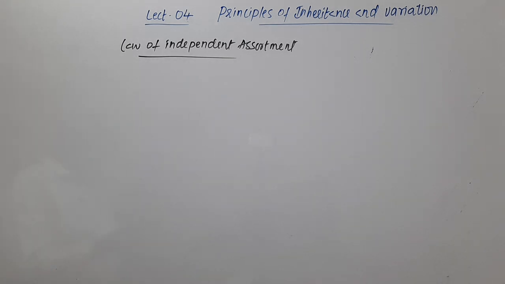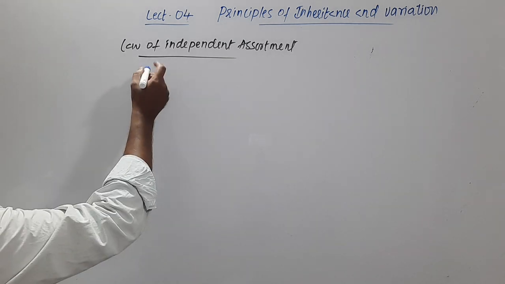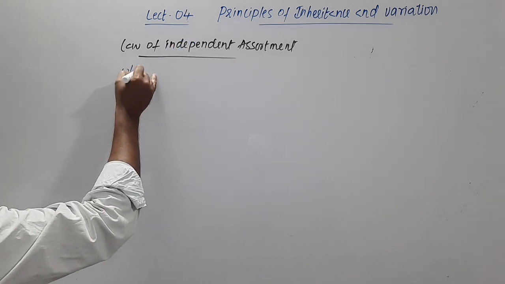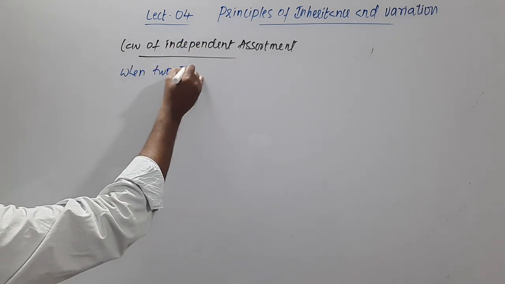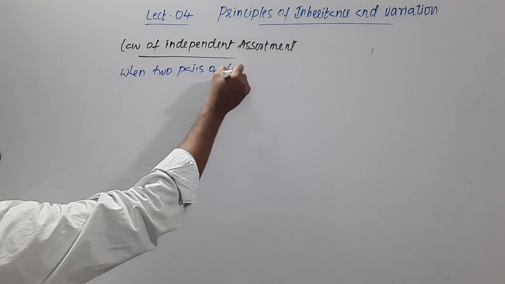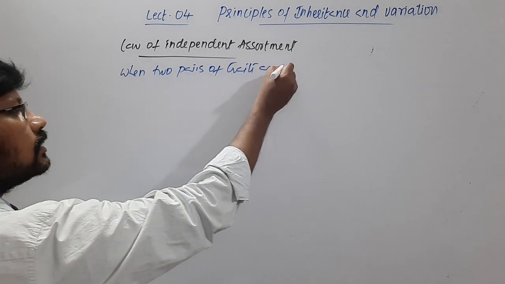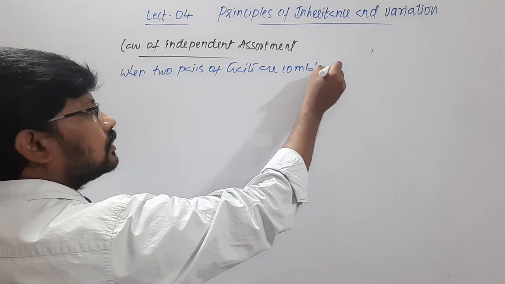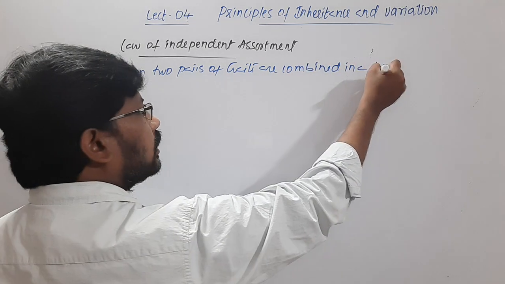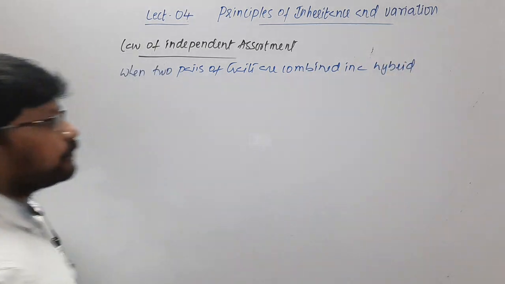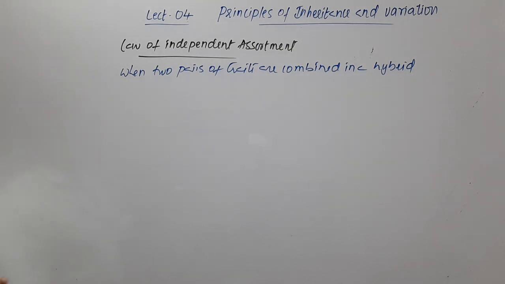When two pairs of traits are combined in a hybrid, of course that's what I'm talking about, capital R, capital Y, small y.